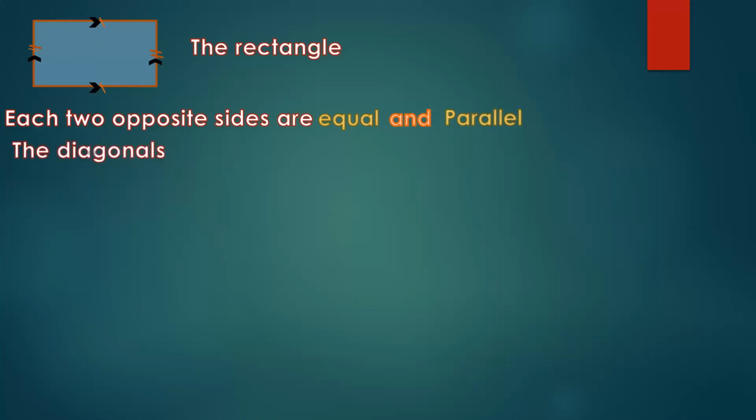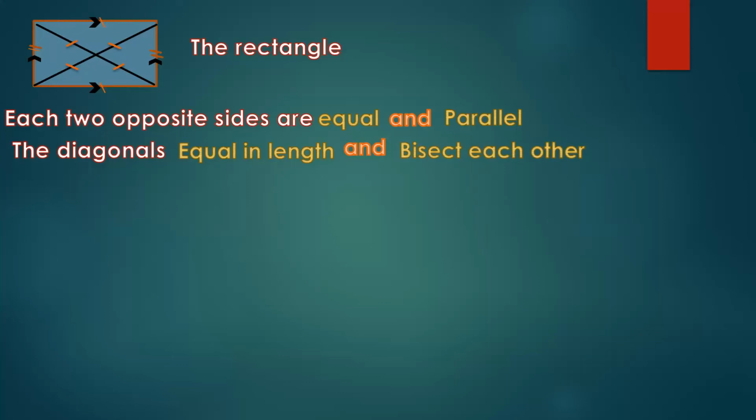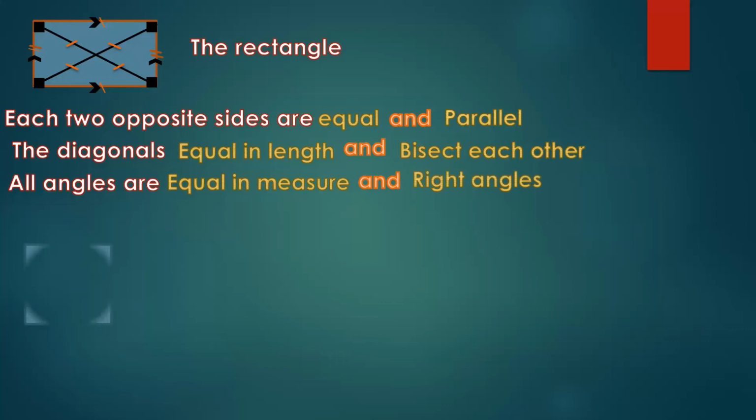We said if we have a right angle, the diagonals are equal. The diagonals are equal, and the common property is that they bisect each other. Very good. The angles: all angles are equal and the type is right angle.